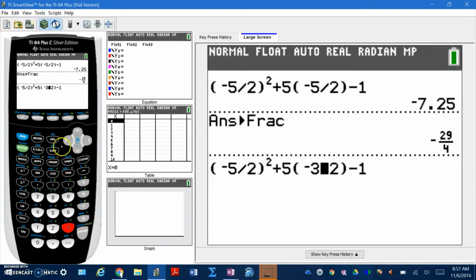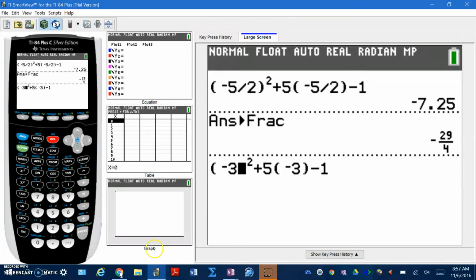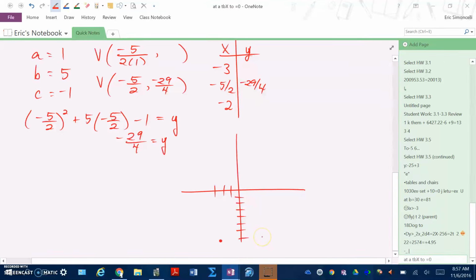So we'll have negative 3. The same function, of course, just typing in negative 3 instead of those previous values. So negative 3 quantity squared, and then plus 5 times the quantity negative 3, and then minus 1 yields negative 7.